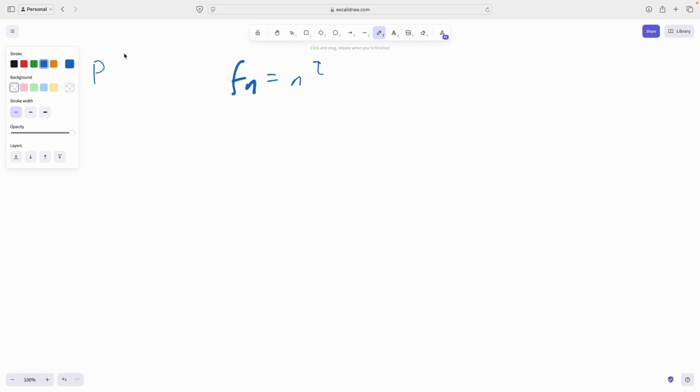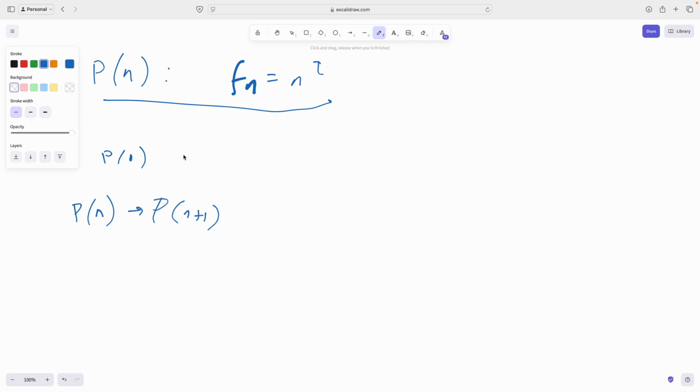So let's say the proposition for n is this. That's what we want to prove. And to prove this by induction, we prove the base case, and we need to prove the inductive step, which is that Pn implies Pn plus 1. So let's look at these in turn.